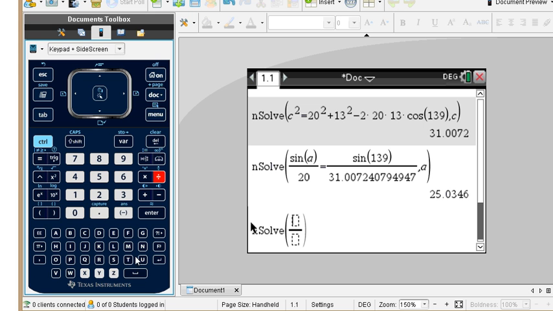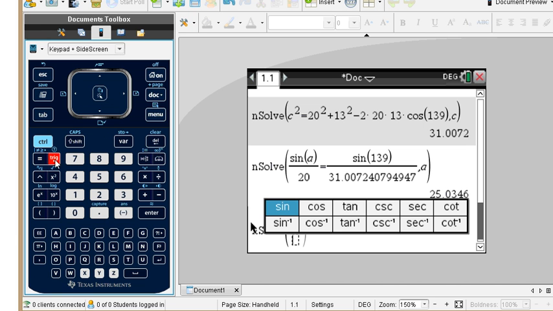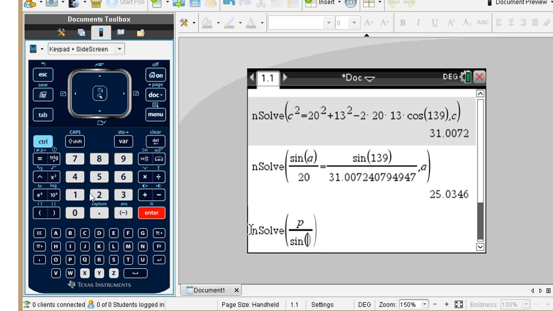Okay, side P over the sine of 13 degrees is equal to the 9 divided by the sine of 133 degrees.